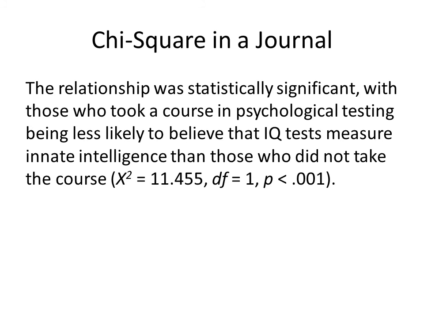So this states the relationship was statistically significant, with those who took a course in psychological testing being less likely to believe that IQ tests measure innate intelligence than those who did not take the course. And then we report the outcome of the chi-square. We report the degrees of freedom, and we report the p-value.